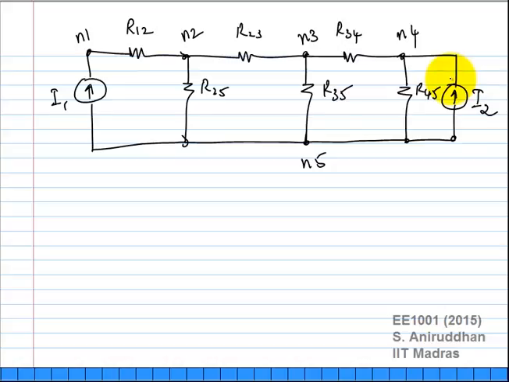We will start by writing KCL. You can start writing KVL, you can start writing KCL. Okay, we will start by writing the KCL equations. So this is called nodal analysis. So we can write KCL equations.